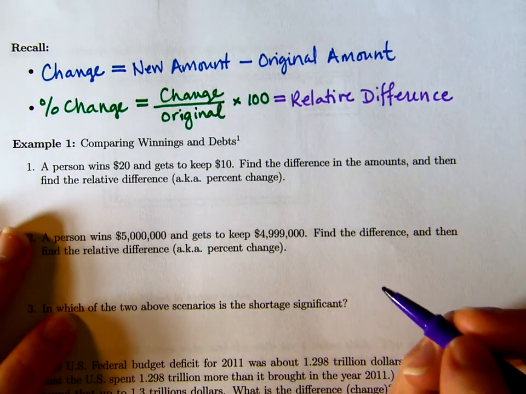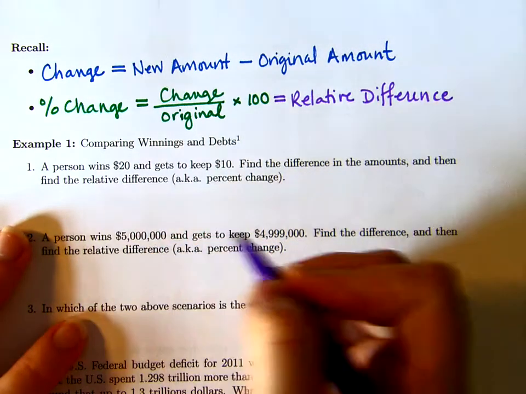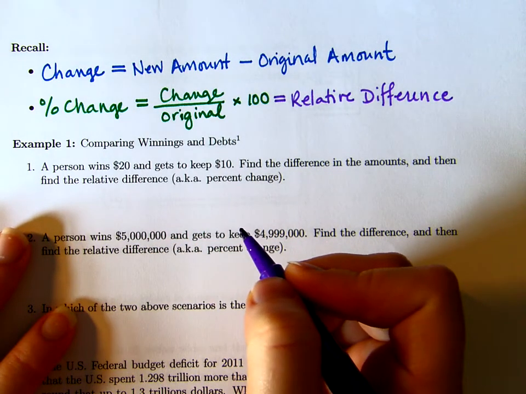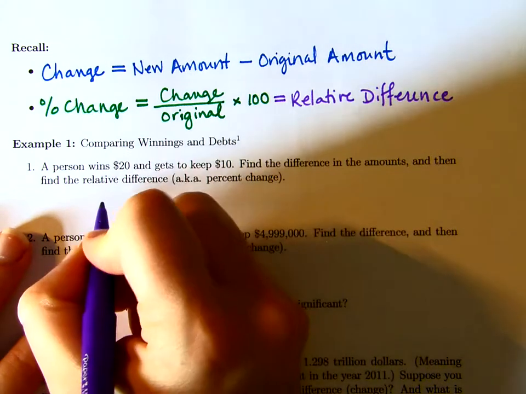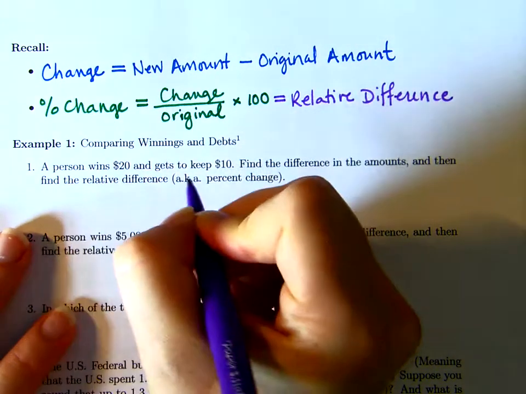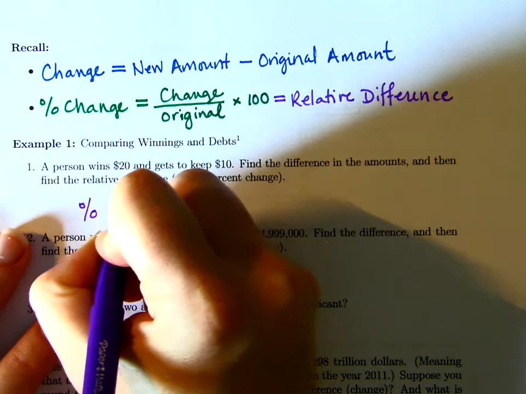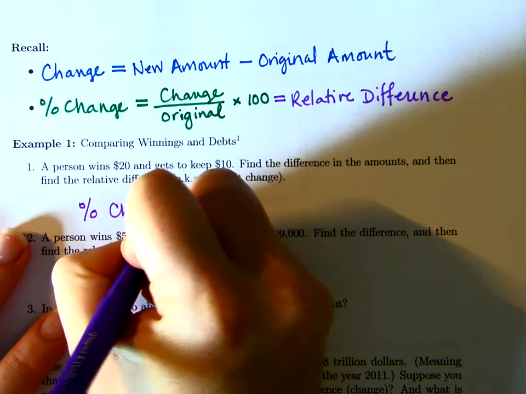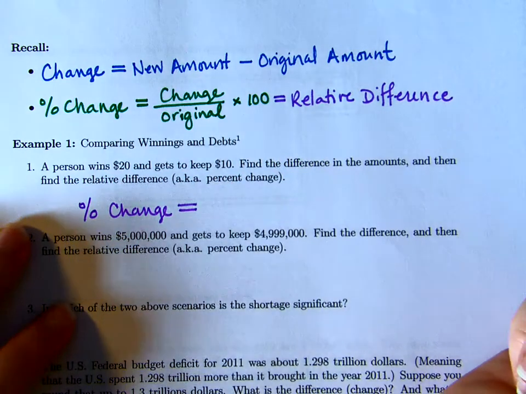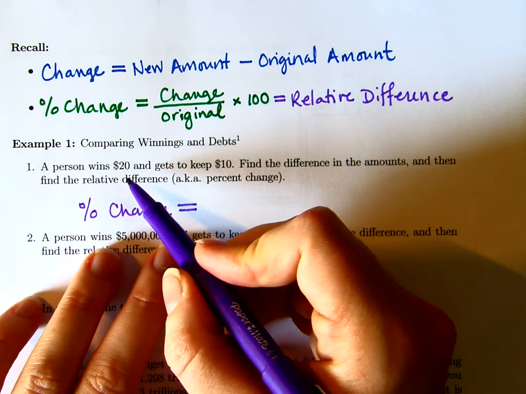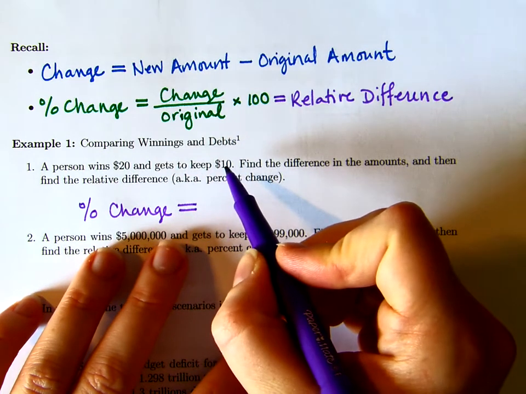All right, so here we go. Let's go percent change. All right. They won 20. They kept 10.